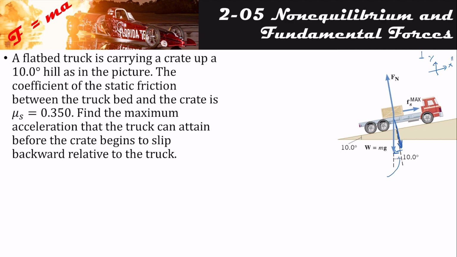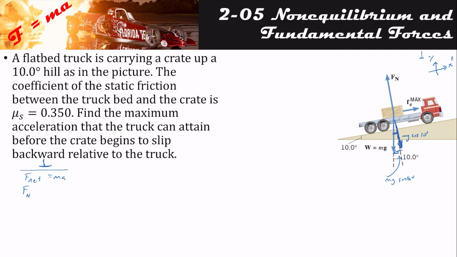Since that's 10 degrees, this one would be our weight, and it's opposite the angle, so it would be sine 10. This other one would be the weight cosine 10 because it's adjacent to the angle. Because I'm using friction, I'm going to need to know the normal force. So I'm going to start in the y's, which is the perpendicular component. Net force equals ma.